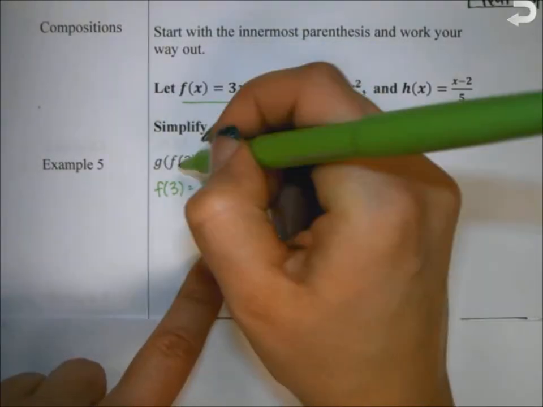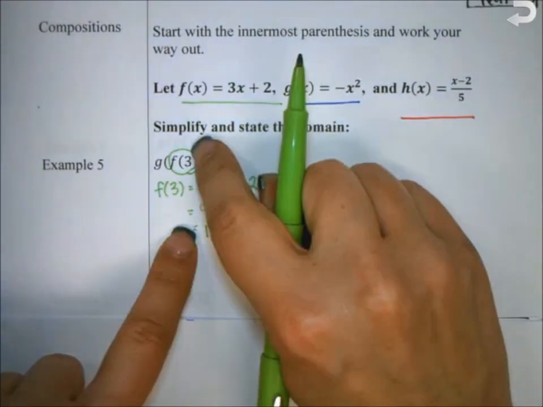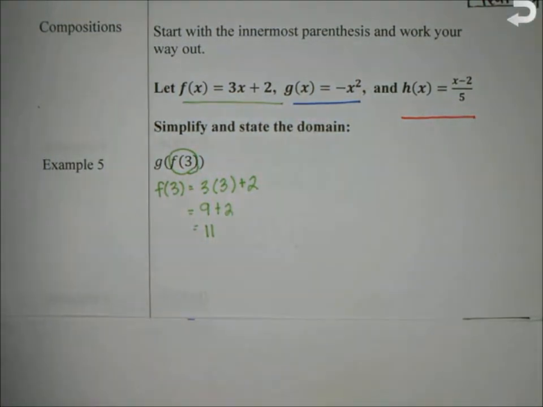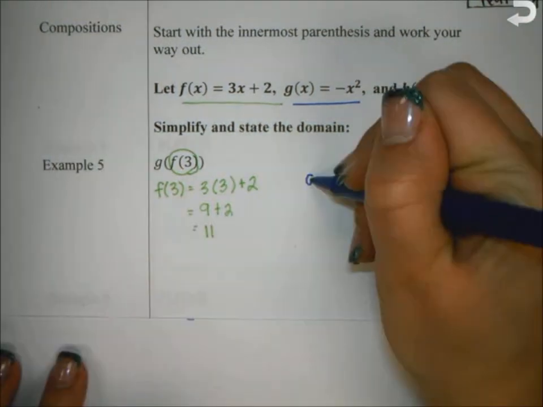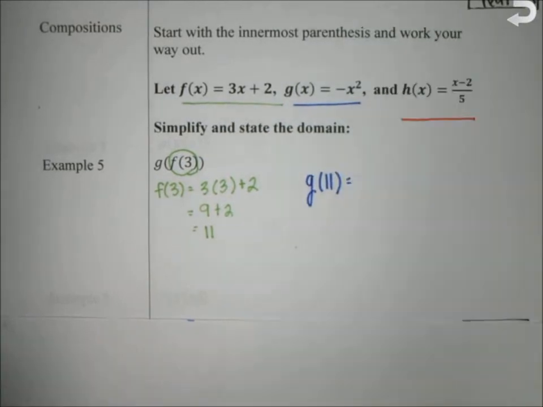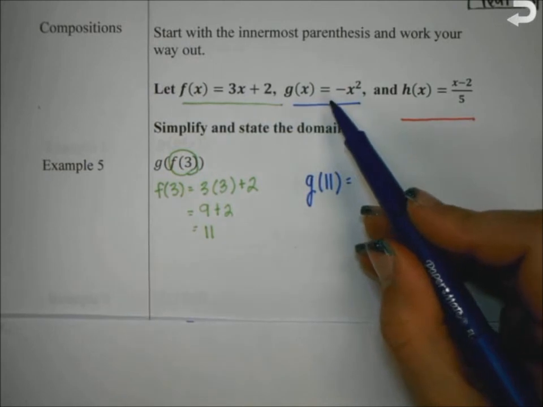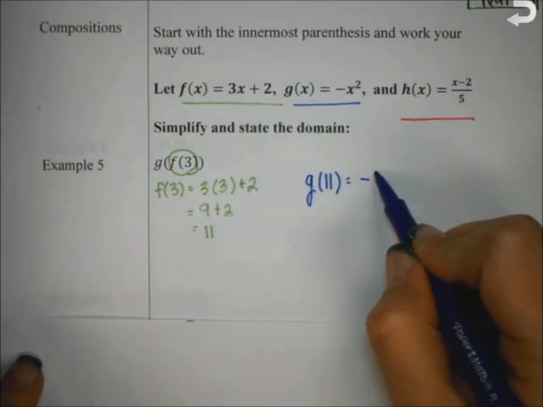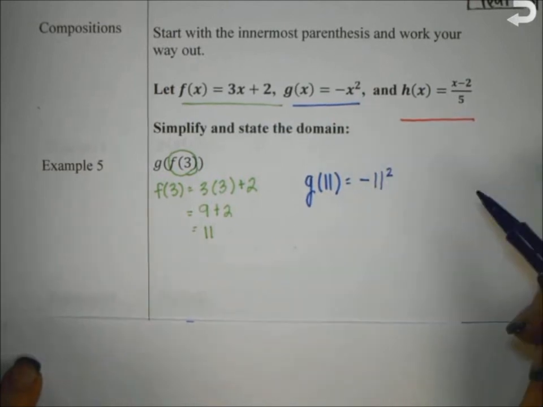So now I'm looking at g of x, and everywhere that I see x, I'm going to put 11. So I have negative 11 squared. Now what's the squared attached to, the 11 or the negative 11? Just the 11, because negative 11 is not in parentheses. Negative 11 squared and negative 11 in parentheses squared are two different things.